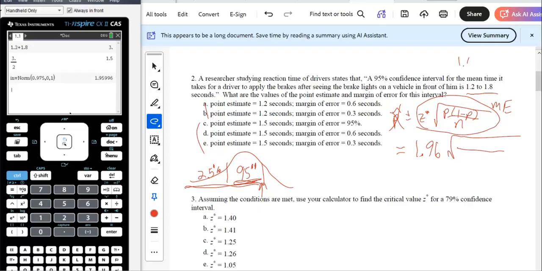If 1.5 is in the middle and it goes plus or minus, 1.5 is kind of like our p hat here, plus or minus the margin of error to get those two values. So 1.5 plus what is 1.8, or 1.5 minus what? So we know the margin of error is 0.3. That's nice. So we can set this equation up to equal that. Oh, that's so good. And n, do we know n or no?